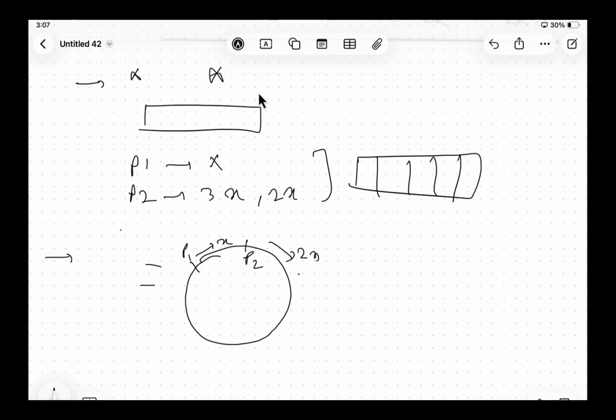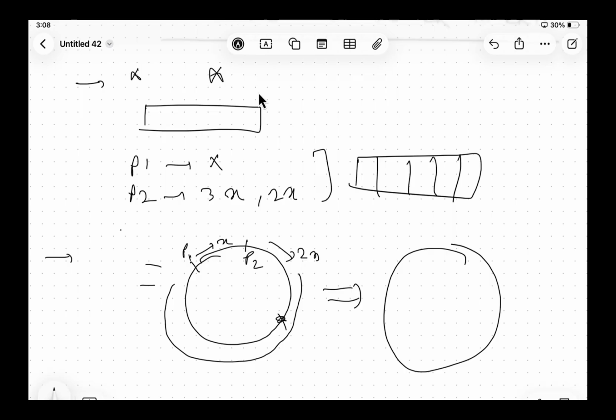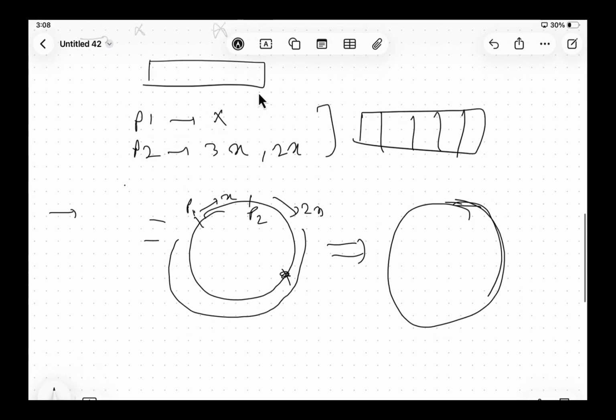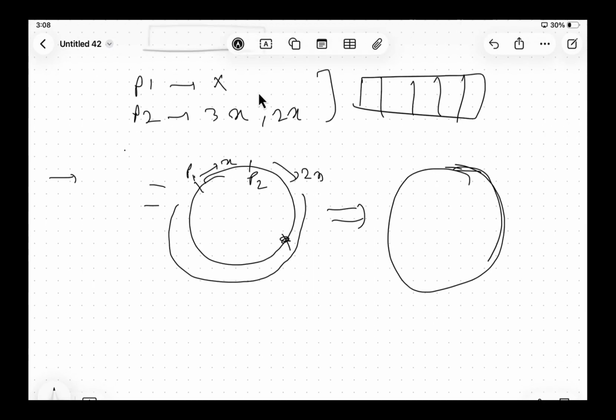While moving, the 2x speed person is going to catch person 1 with x speed at some point of time somewhere in the circle. If this is happening, we can say that this particular ground is a circle. So normally this kind of pattern is going to be used to detect any cycle, loop, or structure repetition.